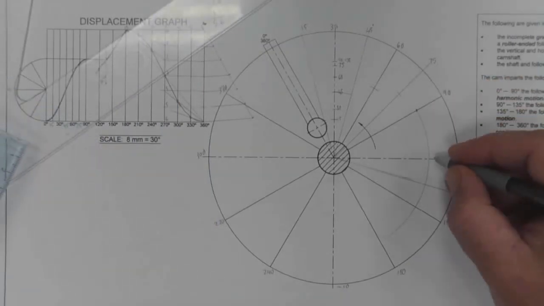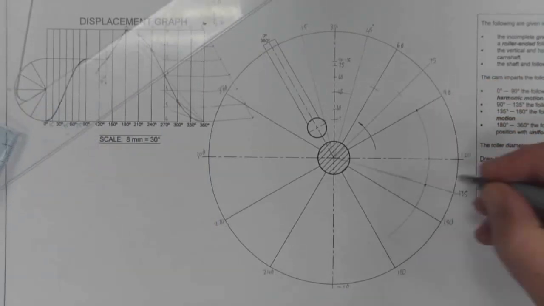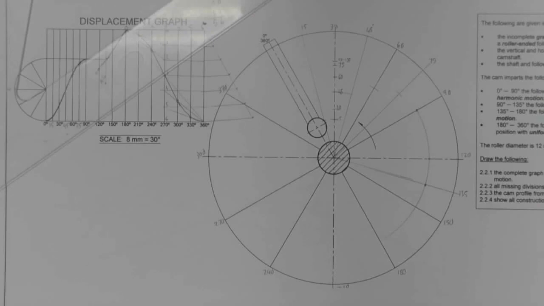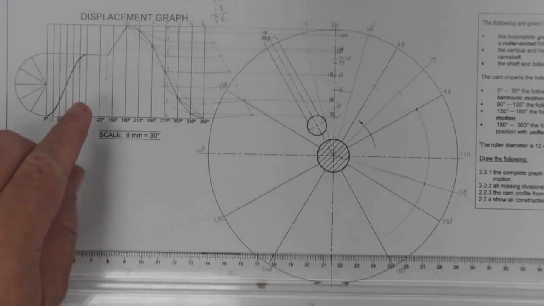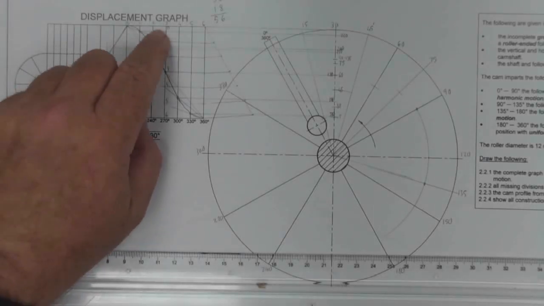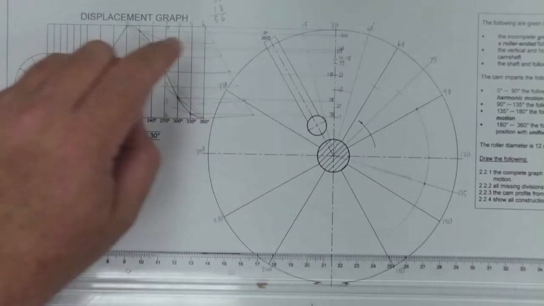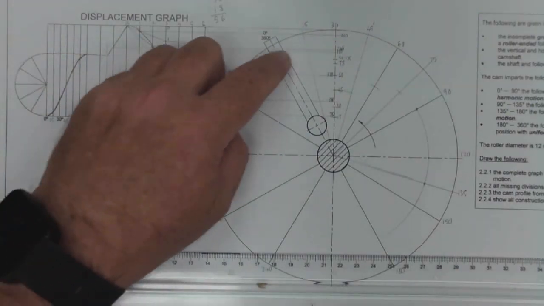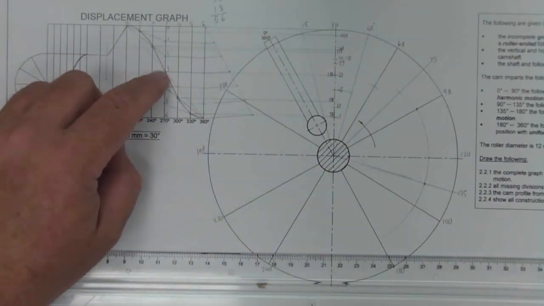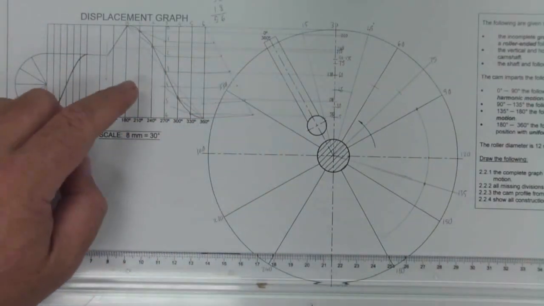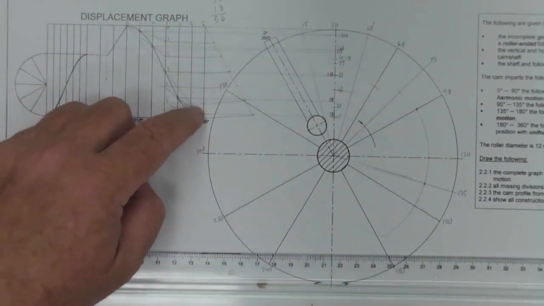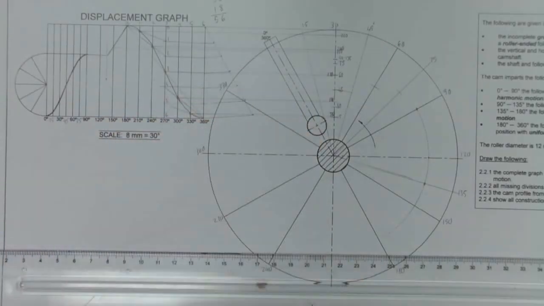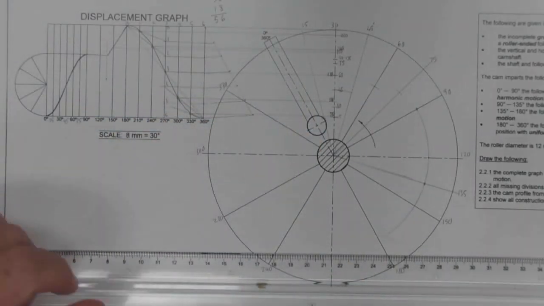Okay, so there are those points over there. I have projected my remaining points across here. There was 210, 240, 270, 300 and 330. This is obviously at 360.